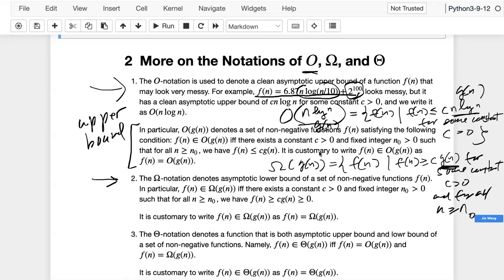So starting from n0, this is always going to be true. Okay, so that indicates the lower bound.